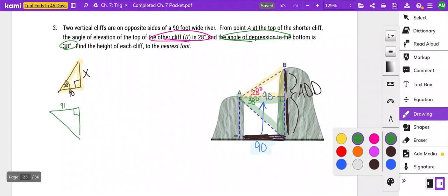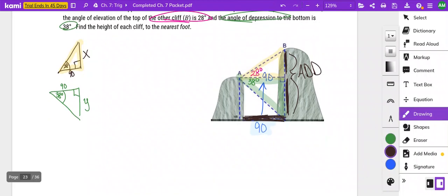This time, this side is 90 because that's our reflexive or shared side. And then the angle of that triangle is 38. And I'm going to put a Y over here. Now, the reason why I use two different variables is because I don't want to have two different X's and get confused as to what I'm doing. So I just like to put one as X and one as Y.